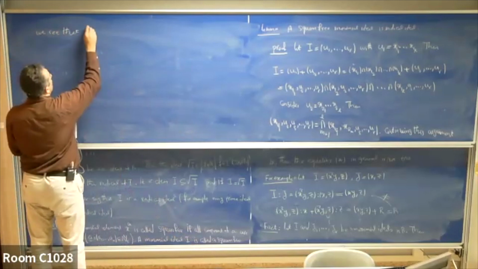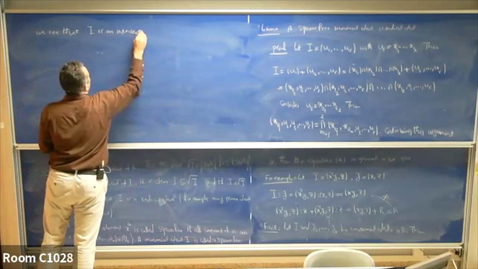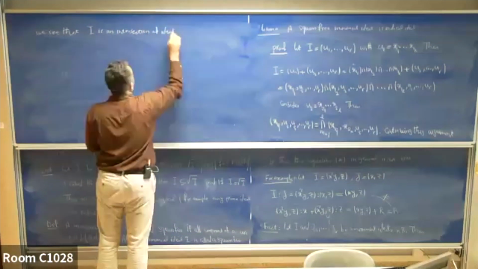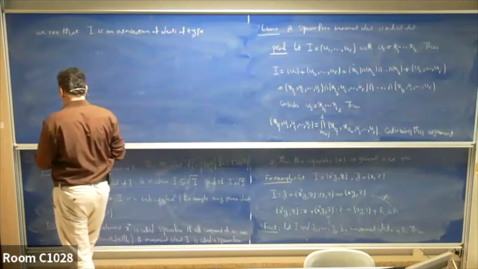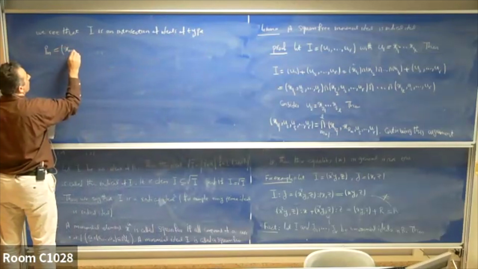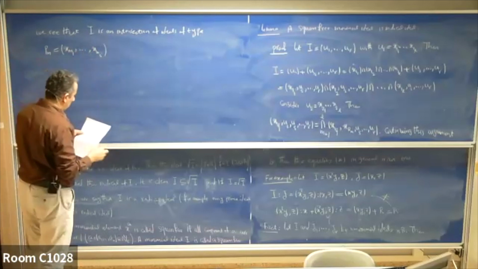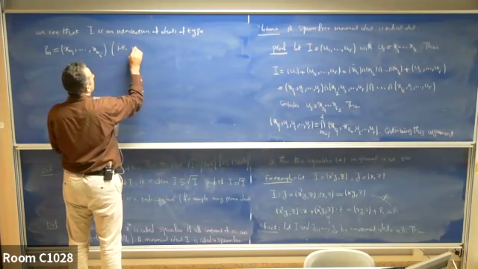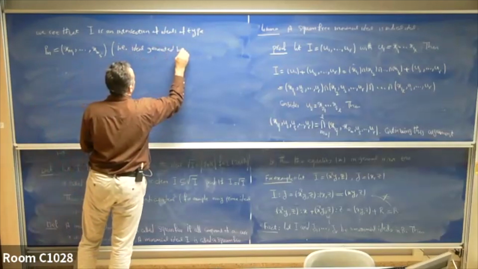I is an intersection of ideals of the form P_m equal to (x_{m1}, ..., x_{ms}), the ideal generated by variables.